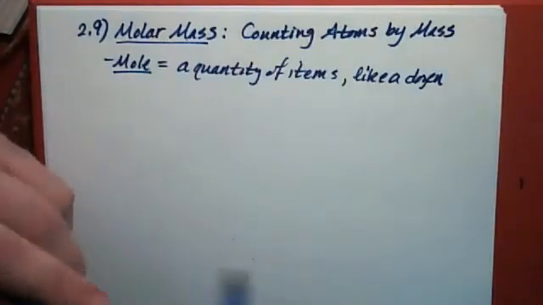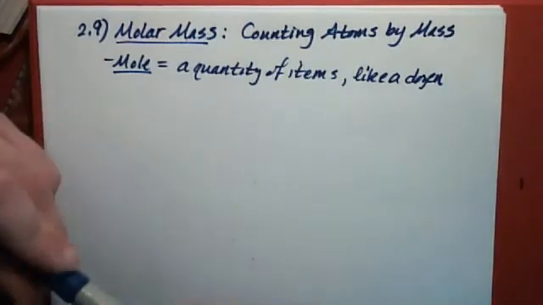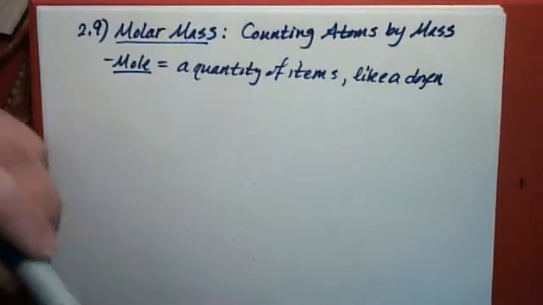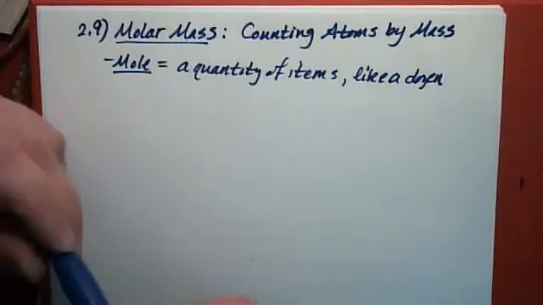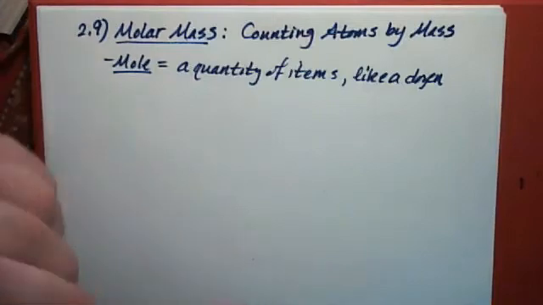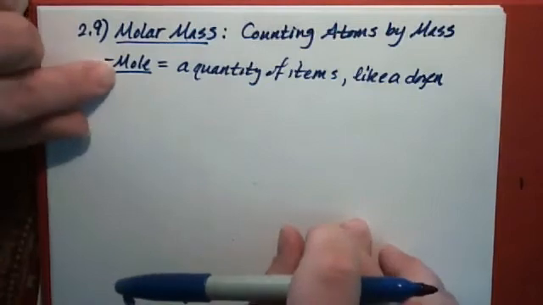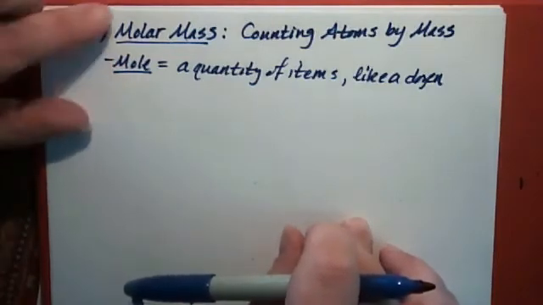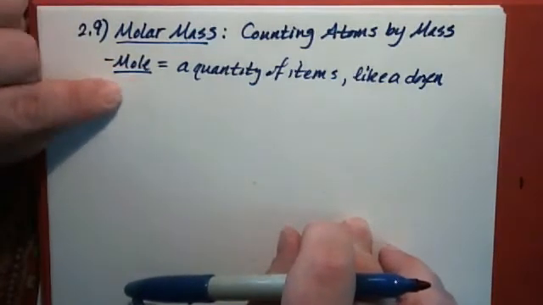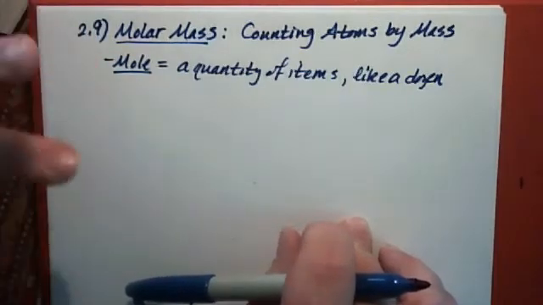The word mole itself is derived from the German word for molecular weight, which is something like molecular Gewicht, I think is how they pronounce it. And so this is basically a shortened form of that. In German, mole doesn't refer to burrowing rodents, and the word just passed into English unchanged.